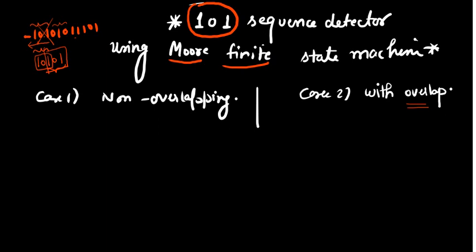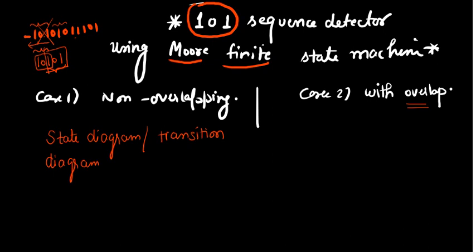First, let's start designing the state diagram or the transition diagram for non-overlapping 101 sequence detector using Moore type of finite state machine.